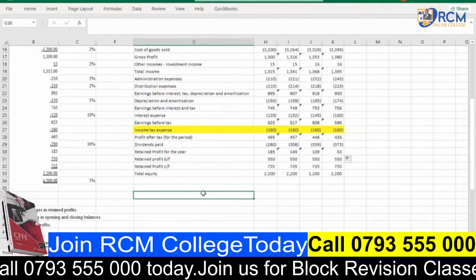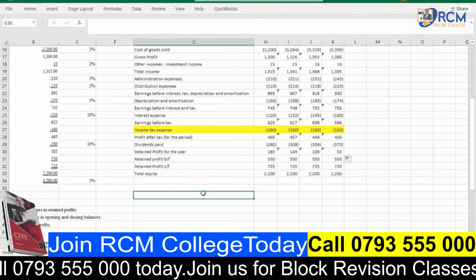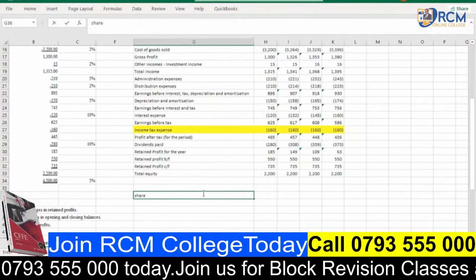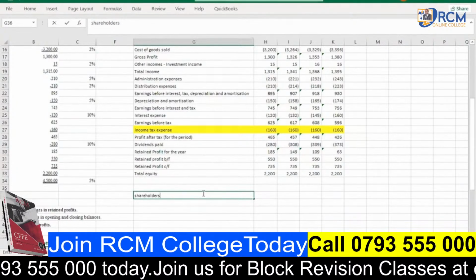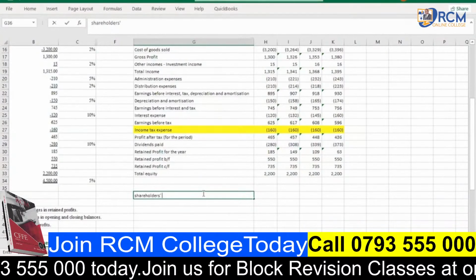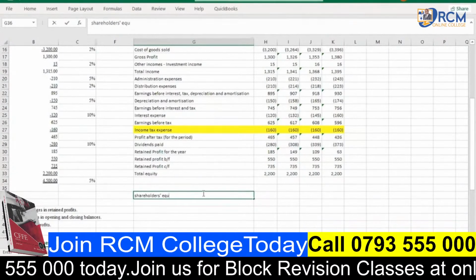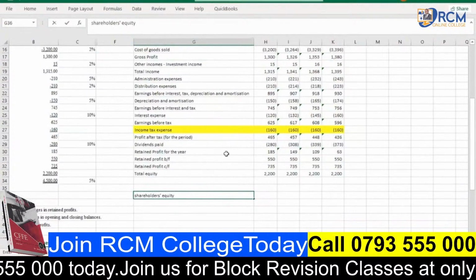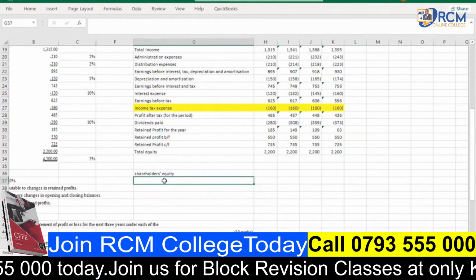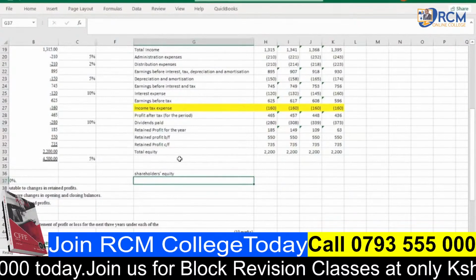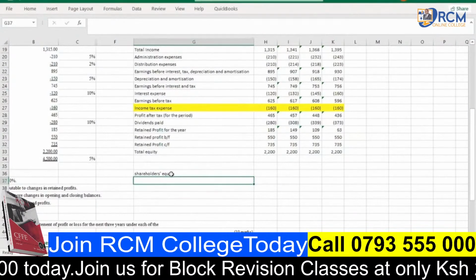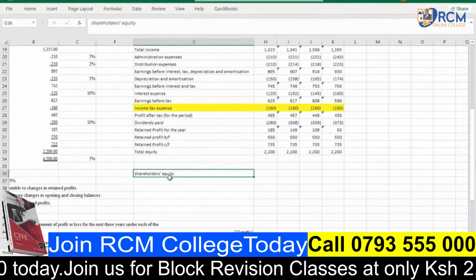So in the shareholders equity section, can you mention to me the items that we normally have in the shareholders equity? The total shareholders' equity.